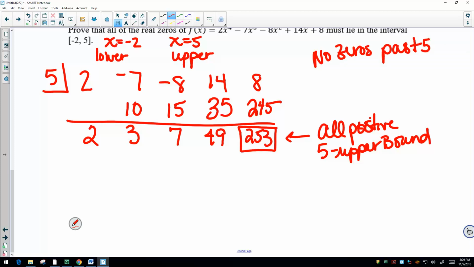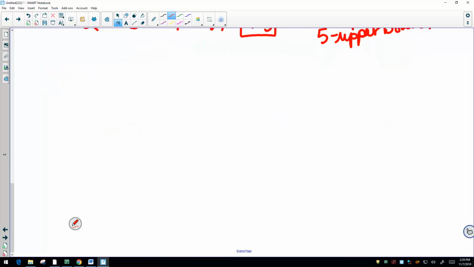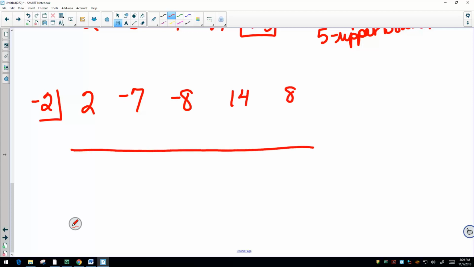Okay, and we're going to do the same thing now with the lower bound. With the lower bound, we have -2. Again, we're going to start back at that original function, copying down all of our coefficients, and do synthetic division. We bring down mama, multiply and add.